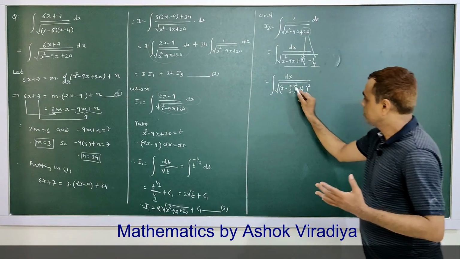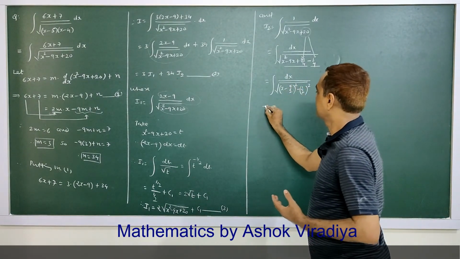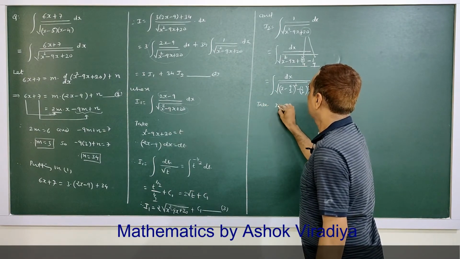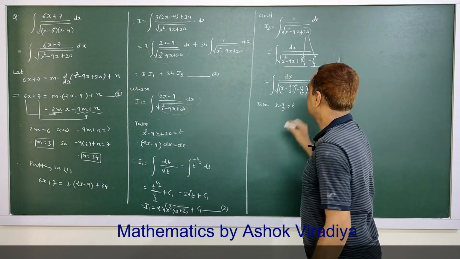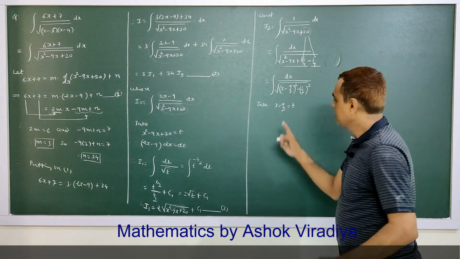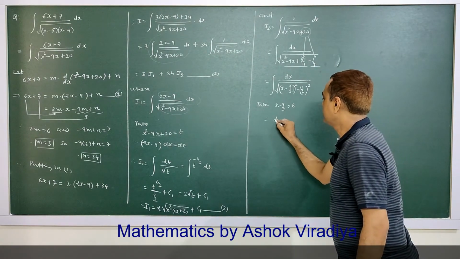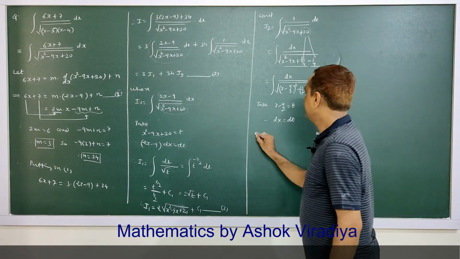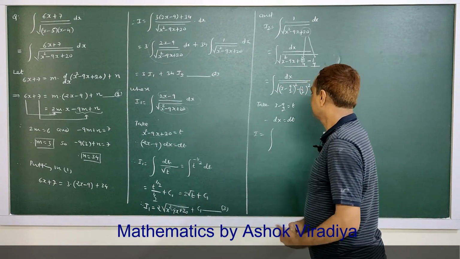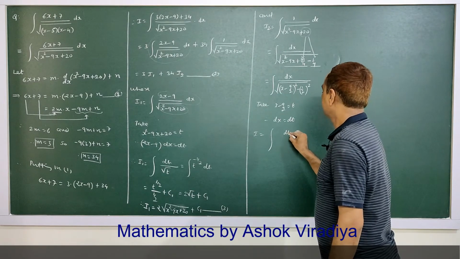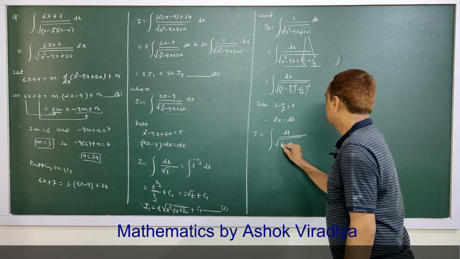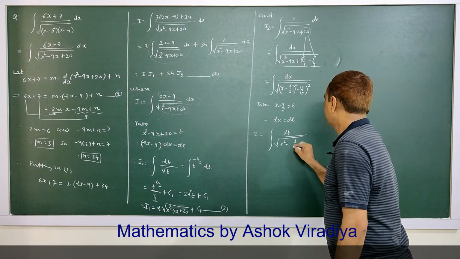Now we take x minus 9 by 2 as t. Its derivative is 1, so 1 into dx is dt. So the integral is dt upon square root of t square minus (1 by 2) square.